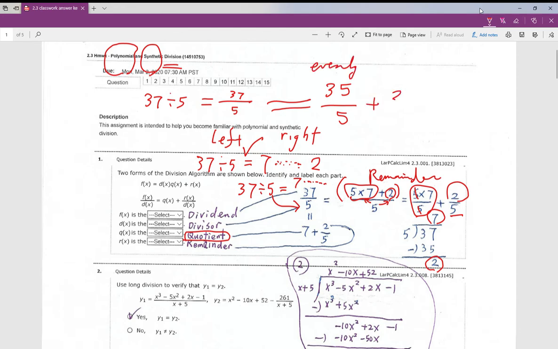But the rest, the 2, needs to be divided by 5, but we cannot do anything, so we just leave it there. 35 divided by 5 is 7, and 2 over 5, you just copy.